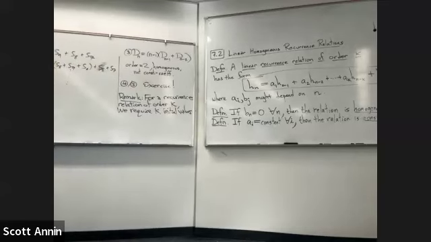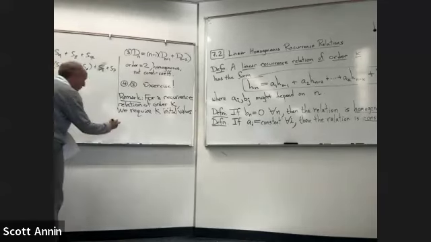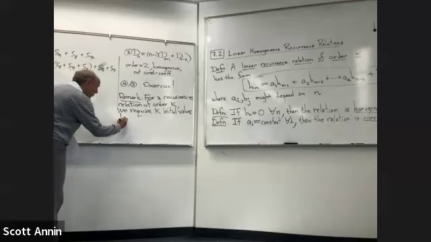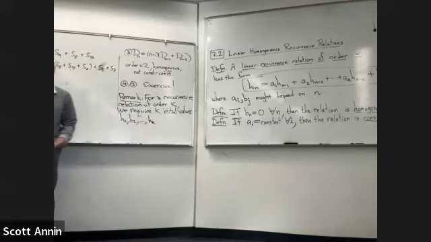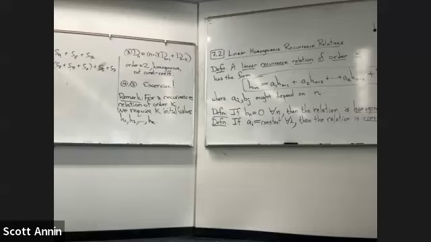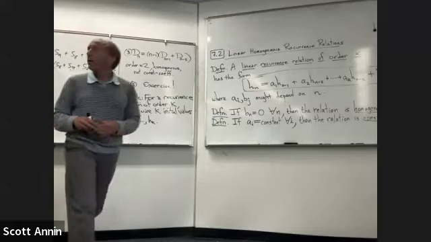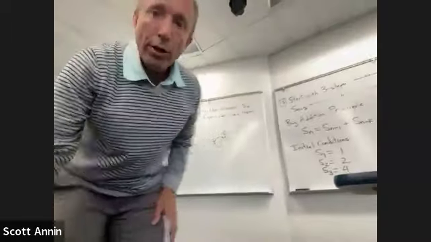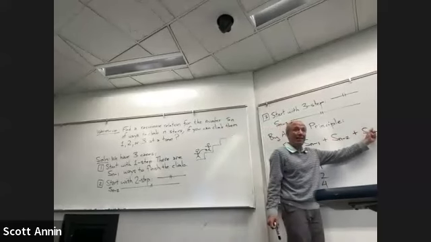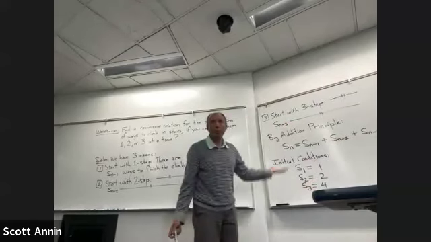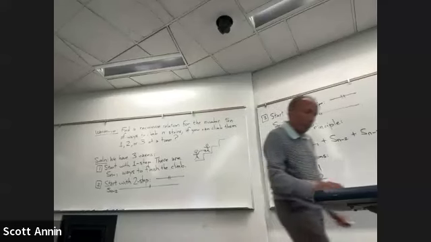Some initial conditions or initial values, which I'll just write as H1, H2, up to HK, although you could start with H0, depending on what kind of a problem it is, but the point is there's K of them there. Yeah, that seems pretty reasonable. And that's consistent, by the way, with our little staircase example. This was a recurrence relation of order 3, and we had to have 3 initial conditions. So completely compatible with that.